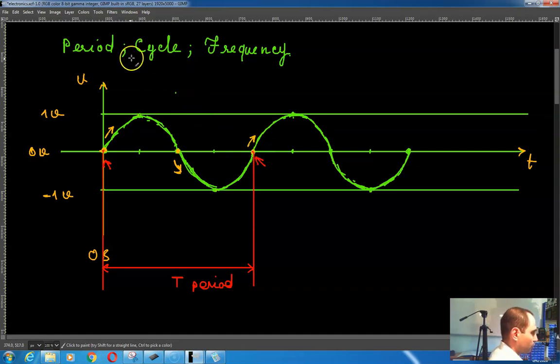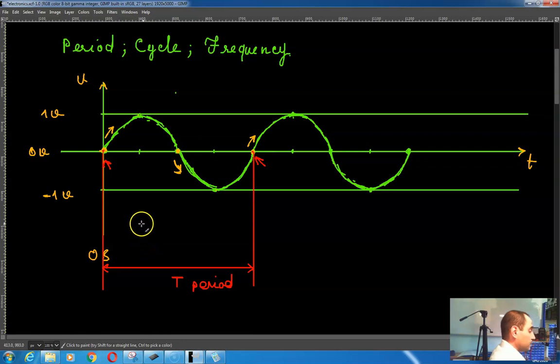So that becomes one complete cycle of your AC wave. And relative to your cycle, the time that it takes your AC wave to go through one complete cycle is called the period of your AC wave.